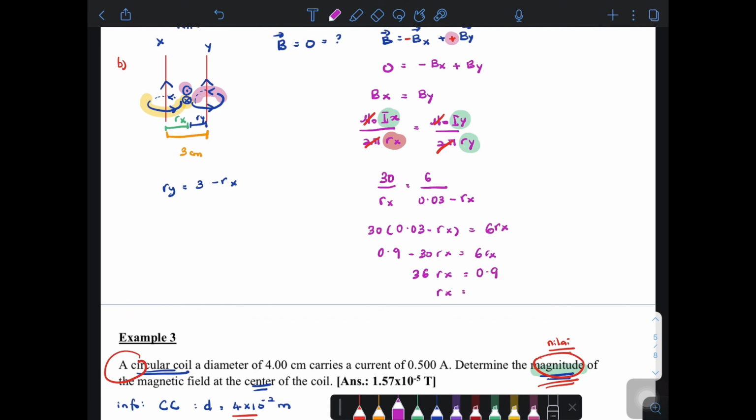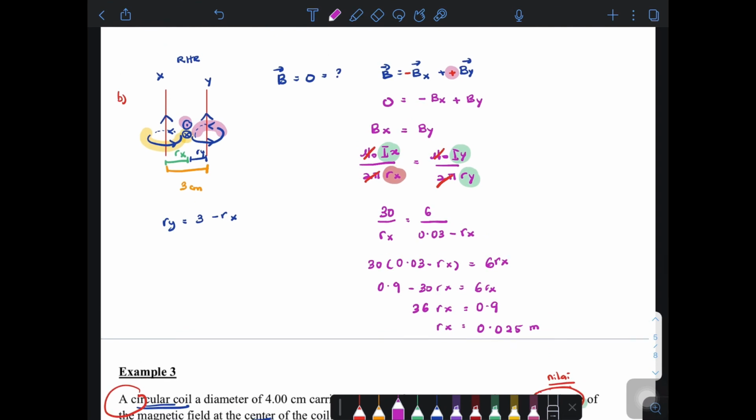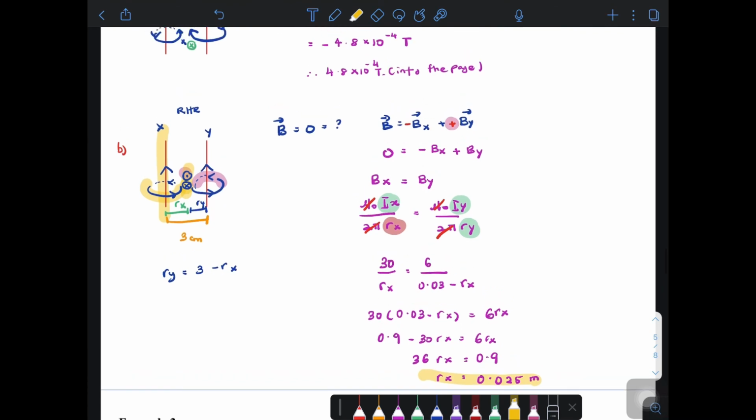So Rx is equals to 0.9 divided by 36. Kita akan dapat 0.025 meter. So jarak daripada wire X sampai ke point yang B equals to 0 ialah 0.025 meter. Okay, so that's how we solve question number 1. Example number 2, B.